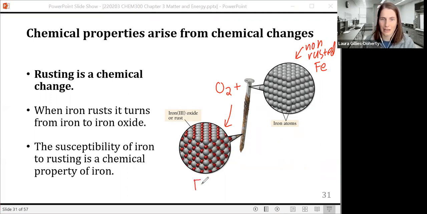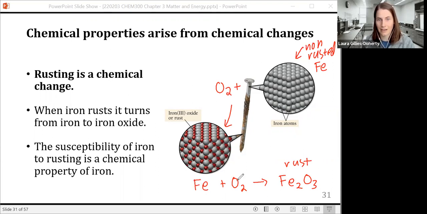We're starting out with iron plus oxygen, and we're making a new substance, iron(III) oxide, rust. So we have iron atoms, oxygen atoms, and we end up with a compound, iron(III) oxide. So this chemical change, iron and oxygen turning into iron oxide, shows us the property of rusting.